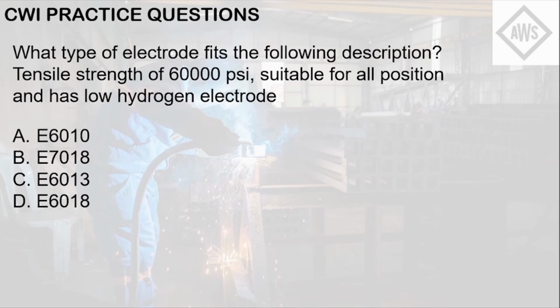For letter B, you can automatically cancel that out because 70 pertains to 70,000 psi strength for that welding electrode. E6013 might be the correct answer, but what does the number 3 mean for that last digit? Letter D, E6018, is the correct answer because the last digit 8 refers to the low hydrogen electrode. Normally for low hydrogen electrodes, the last digit for SMAW ends with 5, 6, or 8. So that denotes a low hydrogen electrode.